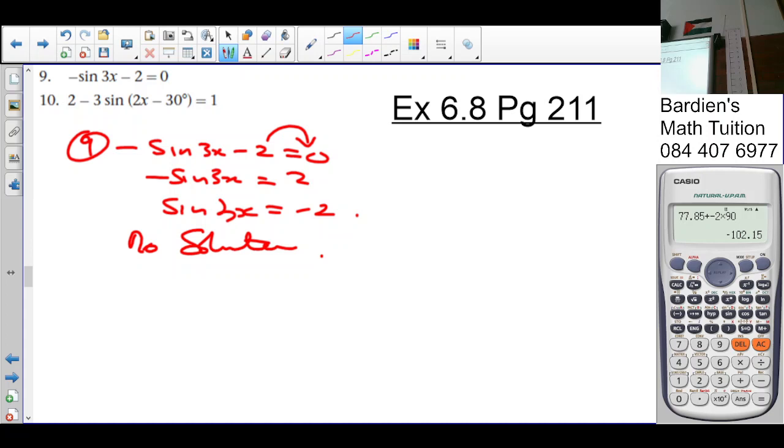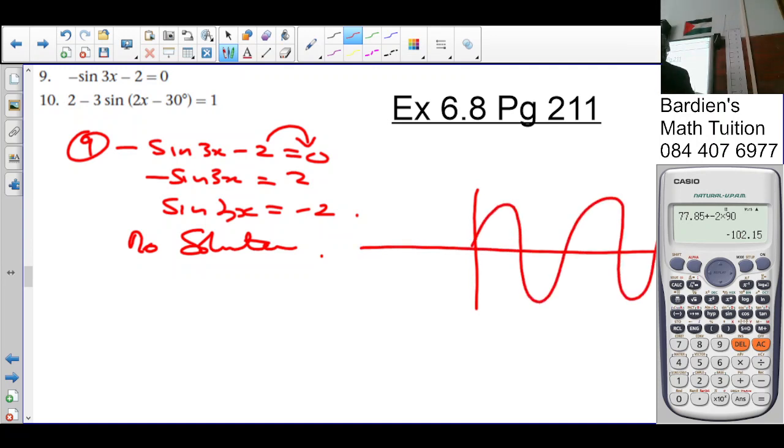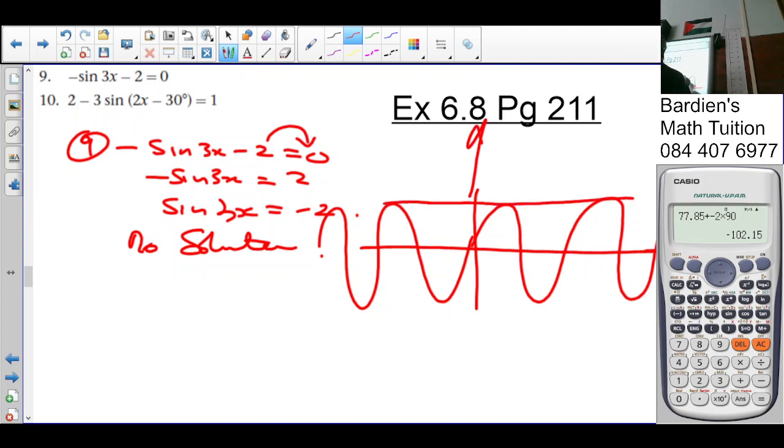Because if you look at it, if I draw the sine 3x graph, this is what the sine 3x graph looks like, that completes in 360 and so on. What is the maximum value on this graph here? 1. And here? Negative 1.